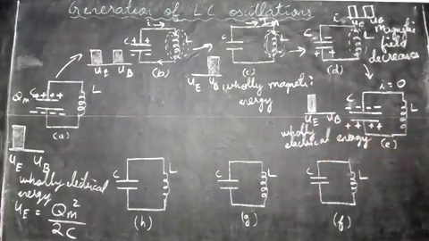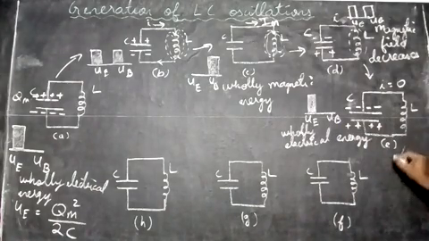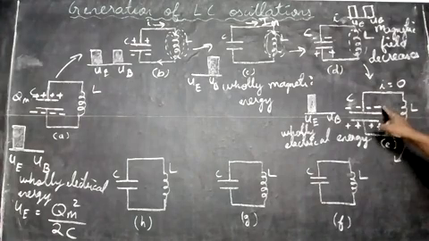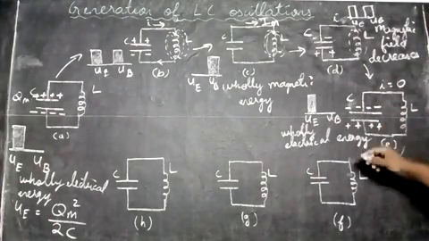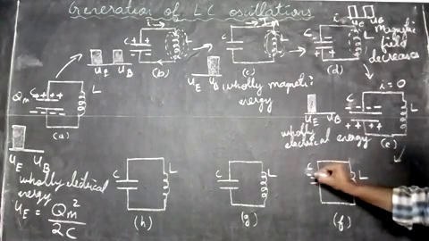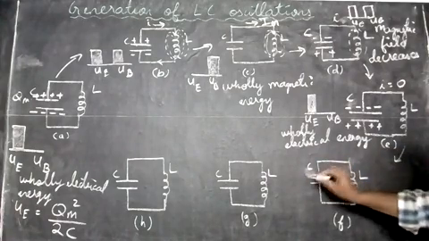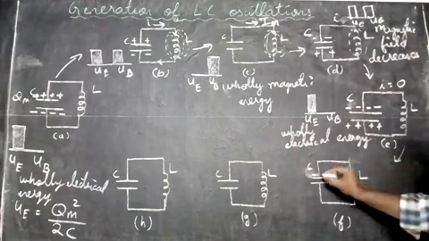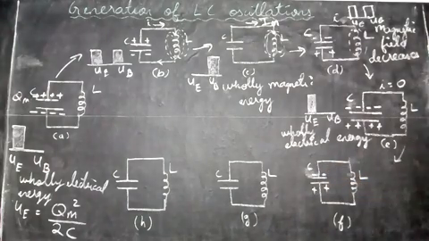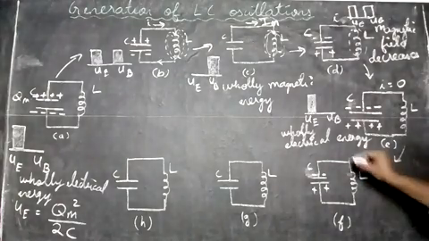Next we'll see this picture here, F. What happens here? This capacitor has 4 negative charges now. The negative charge will start decreasing, so again this will have one negative charge here, one negative charge here, and one positive and one positive charge here. So current will now flow in the reverse direction.